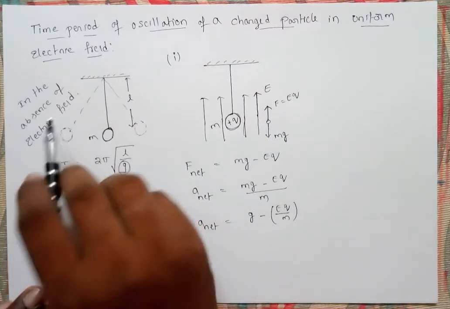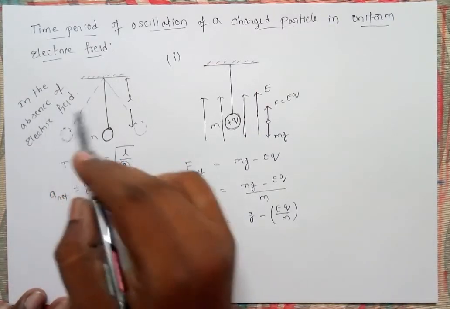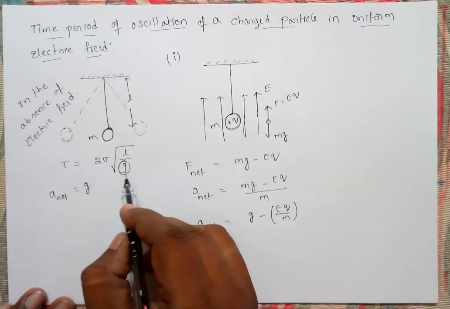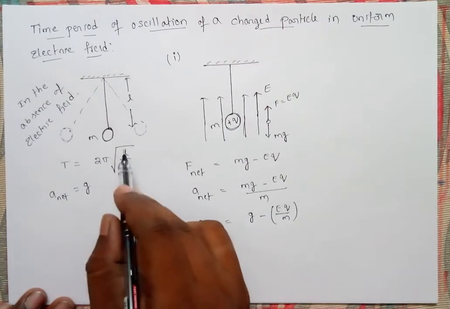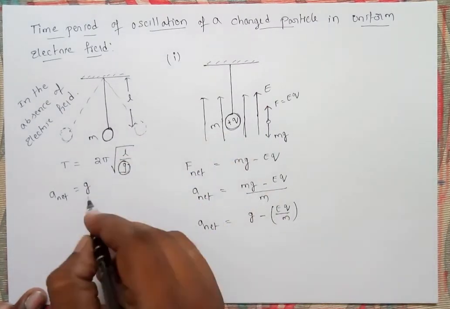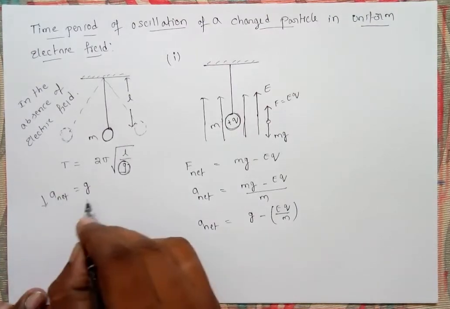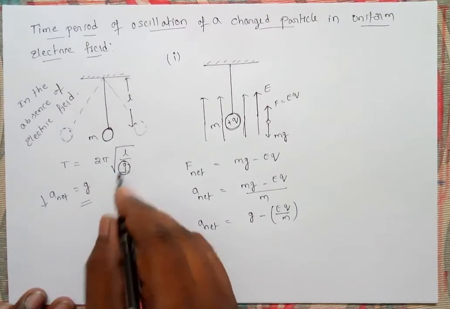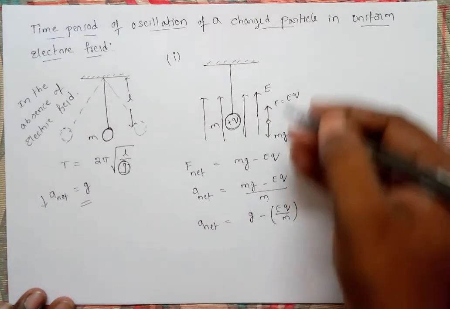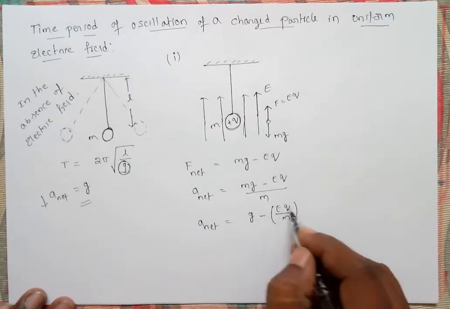Earlier we saw that in the absence of electric field the time period is 2 pi into root L by g, where the net acceleration downwards is only g, so the denominator was g. But now the net acceleration downwards is g minus EQ by m.